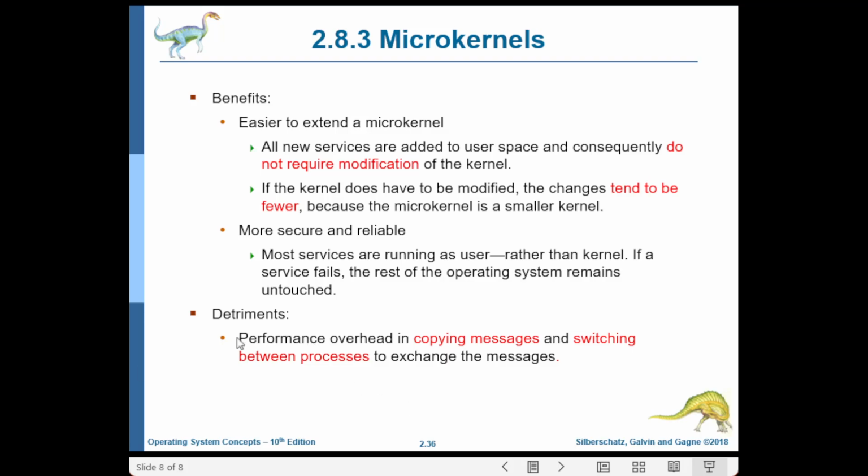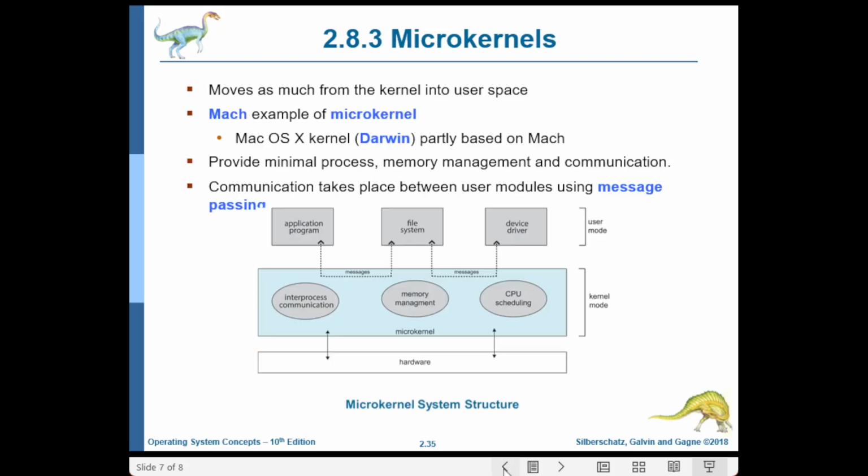The impediment of this structure is performance. It has performance overhead in copying messages. If you look at this figure, when user modules want to communicate, they need to copy each other's messages. For example, if a user program wants to use the file system, both of them need to copy messages to communicate.